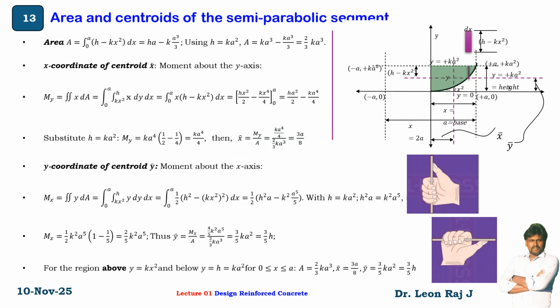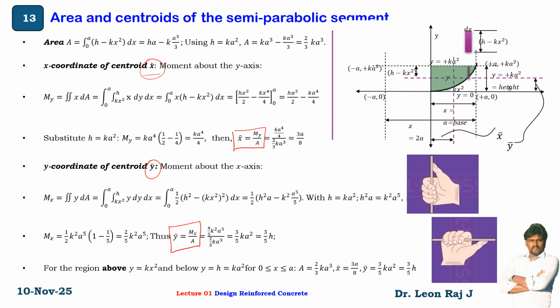So we have to find the x bar and y bar. So the formula is nothing but x bar equal to My by A, and y bar equal to Mx by A. Why is it Mx and why is it My? So we are finding the moment with respect to the y-axis.